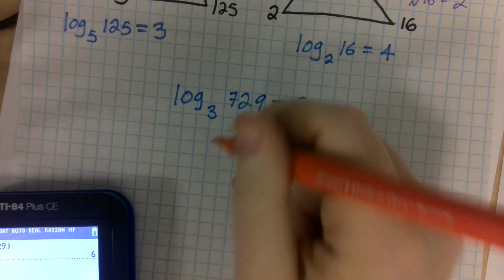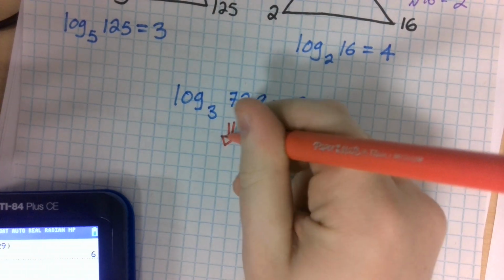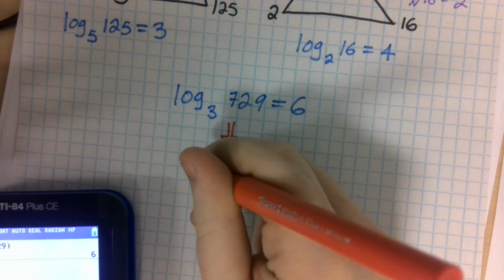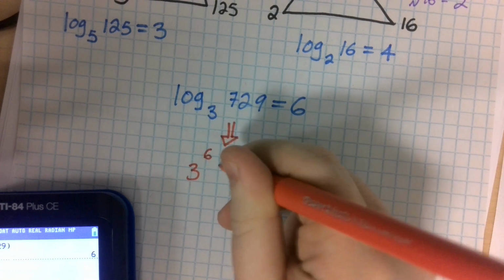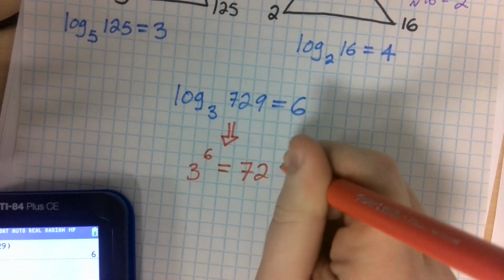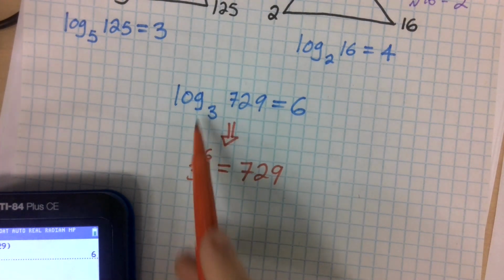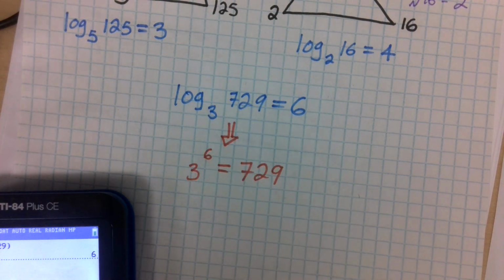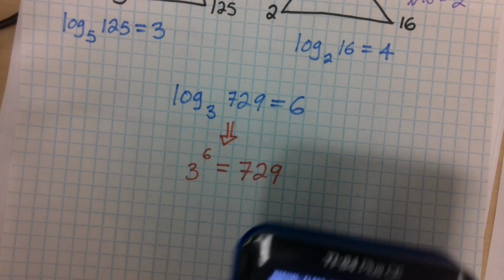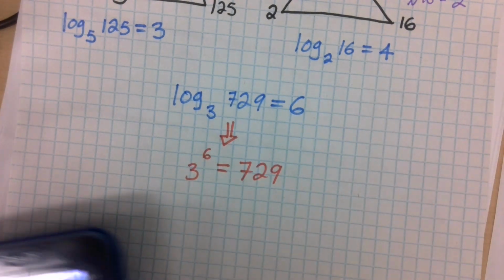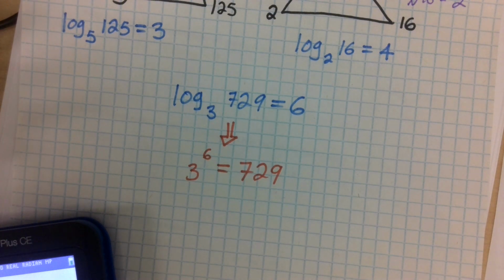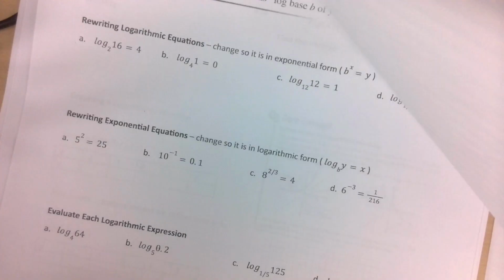This is the same as if we were writing 3 to the 6th power equals 729. All we did was swap what was next to the 3, the 6, or the 729. Logs are fantastic because they help us find missing exponents. Let's take a look at our notes and see how we can use them.